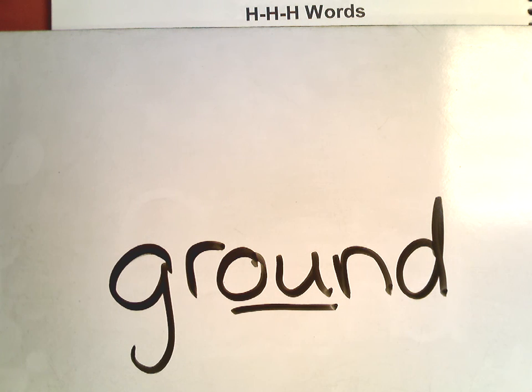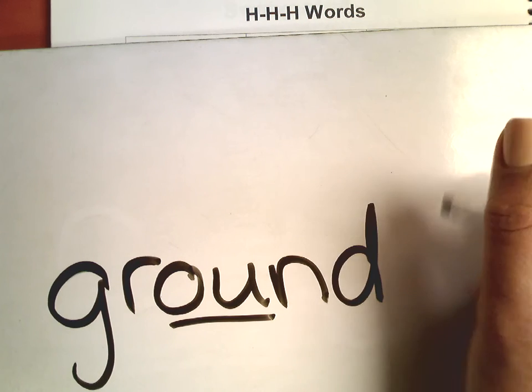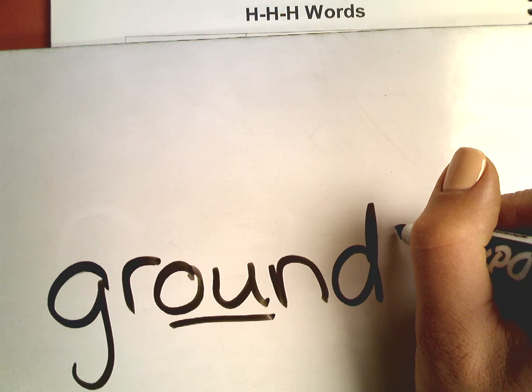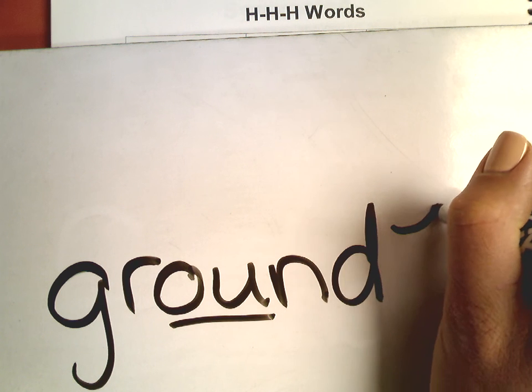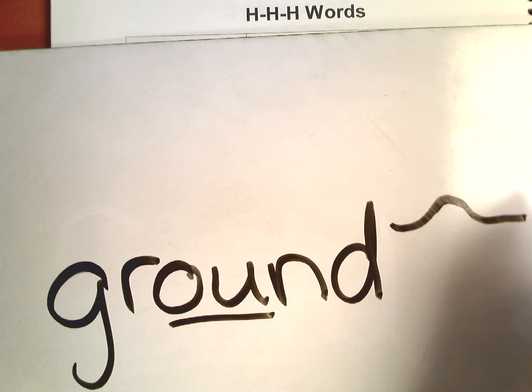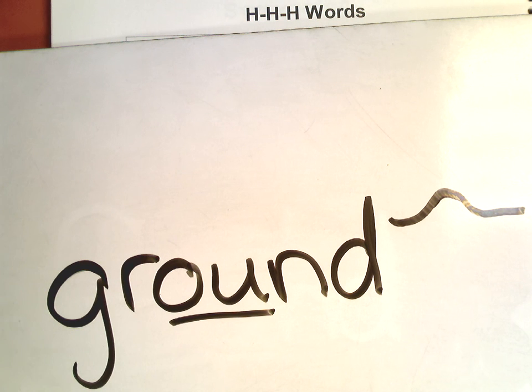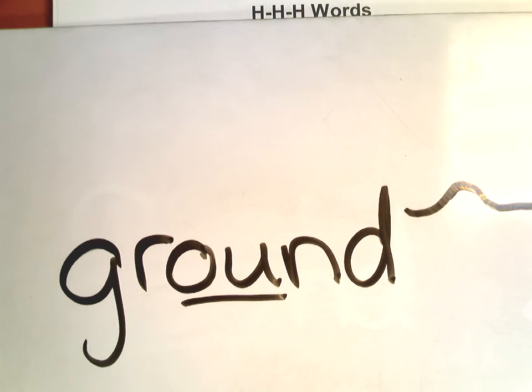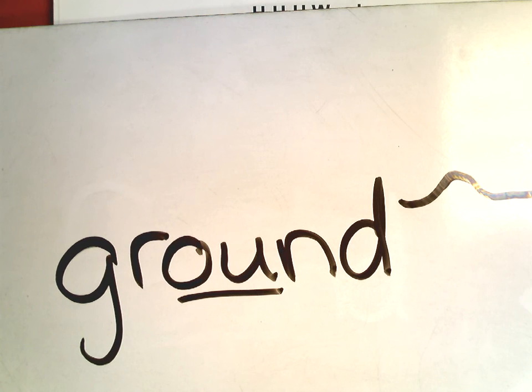Right, and then for a picture, let's see, I guess I'll just do, well, I'll put a little hill there because the ground can have a hill on it. And that should help me remember that this is the noun, ground, the place or thing.